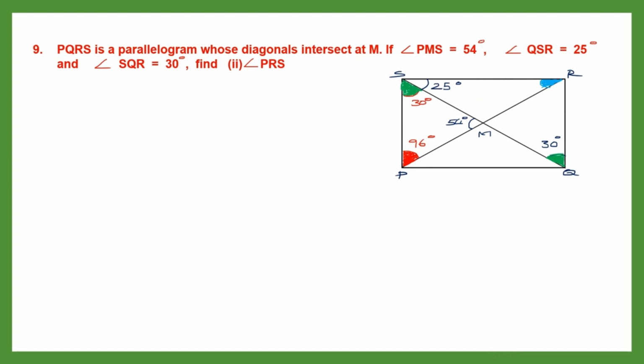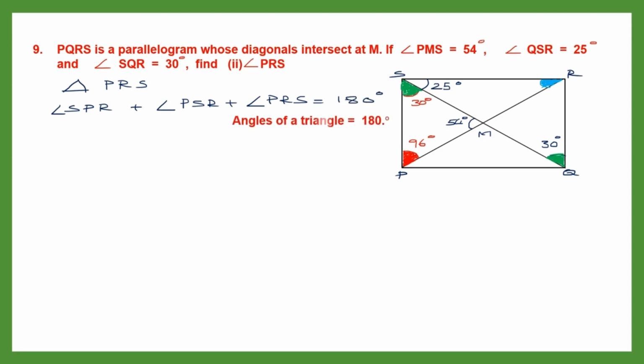So in triangle PRS, the angles, that is angle SPR plus angle PSR plus angle PRS, all this will add up to 180 degrees.